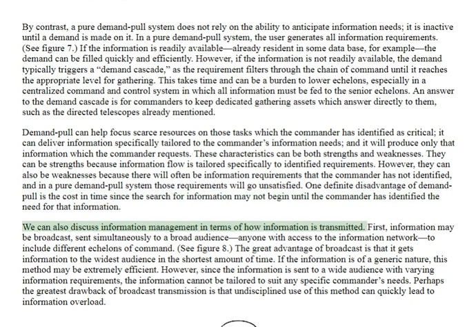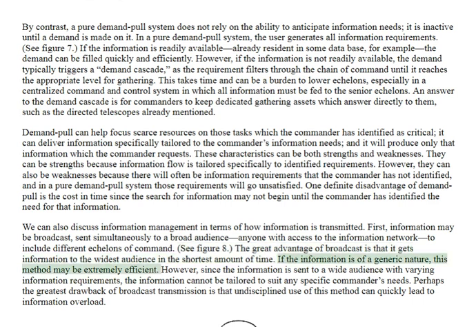We can also discuss information management in terms of how information is transmitted. First, information may be broadcast, sent simultaneously to a broad audience and known with access to the information network, to include different echelons of command. See Figure 8. The great advantage of broadcast is that it gets information to the widest audience in the shortest amount of time.